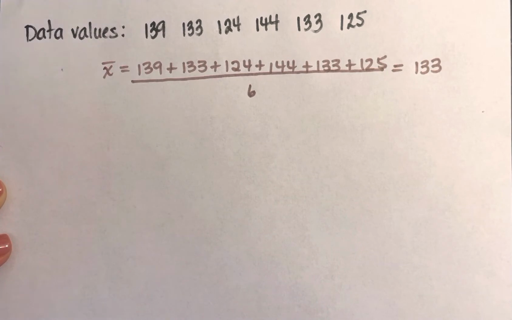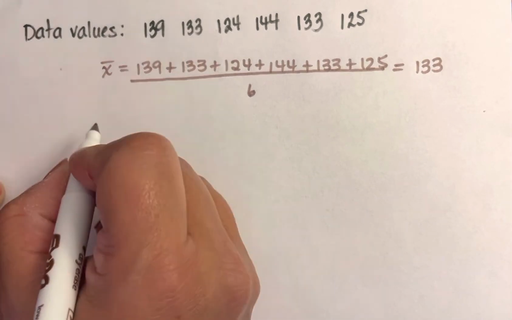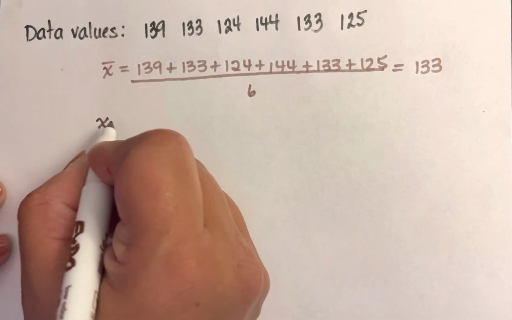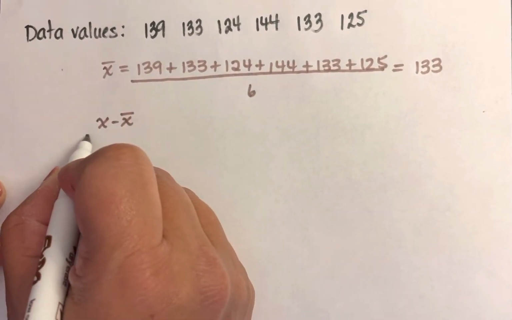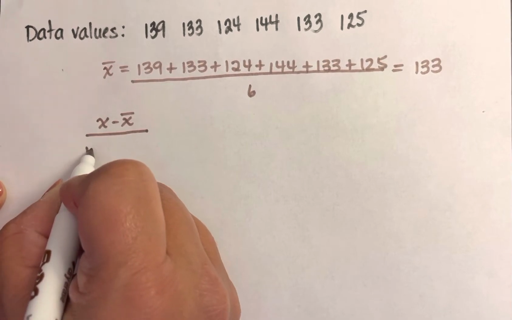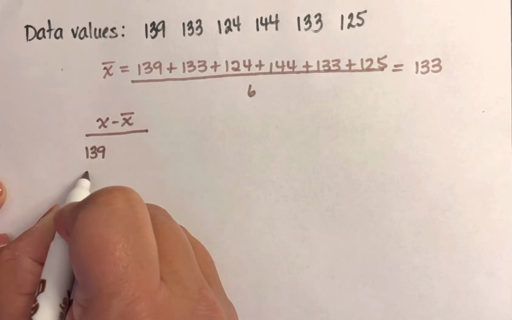The next step to calculate standard deviation is to subtract this mean from each of your original data values. So I'm going to write all of my data values here in a column.